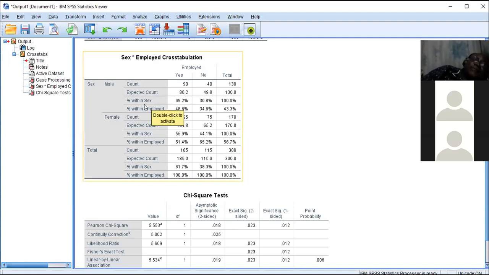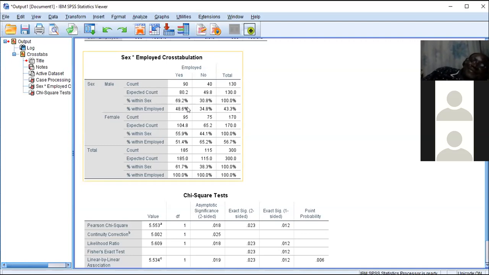It will tell you, within sex, since sex is your exposure, the percentage that are employed or not employed. But the other one along the column is telling you, among the employed, how many are male, how many are female; among the unemployed, how many are male, how many are female. Do you get that difference right now? Did you get that difference, right?